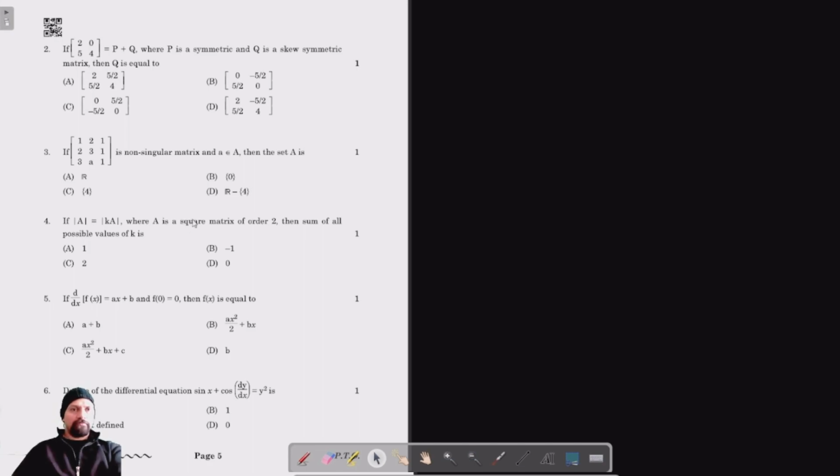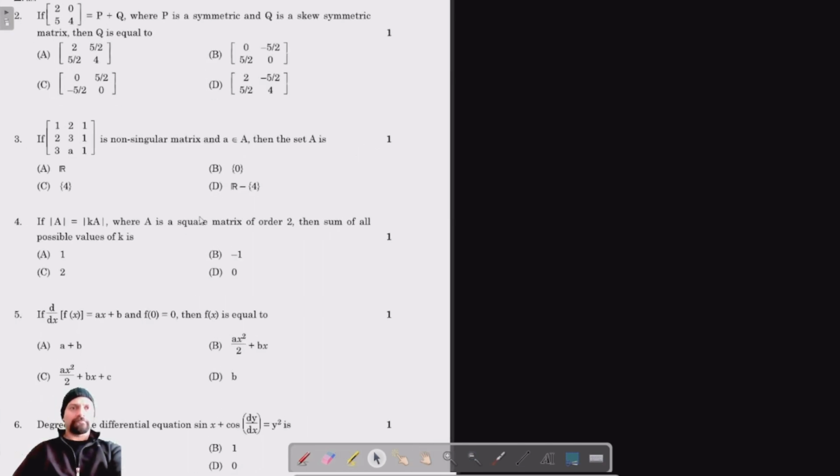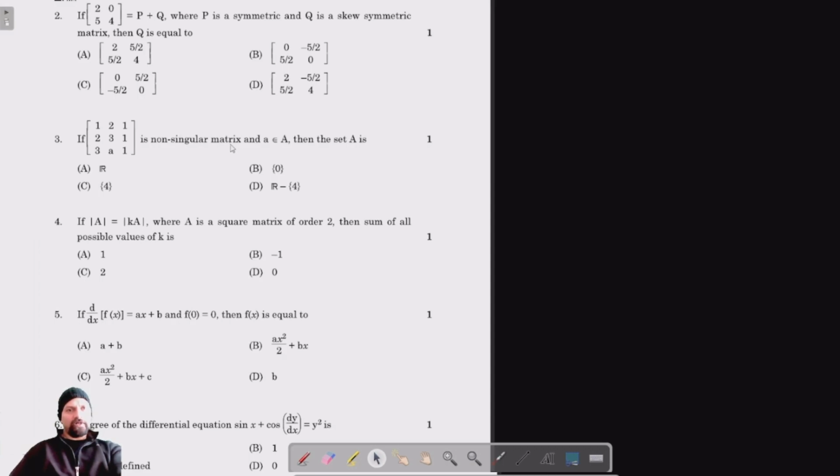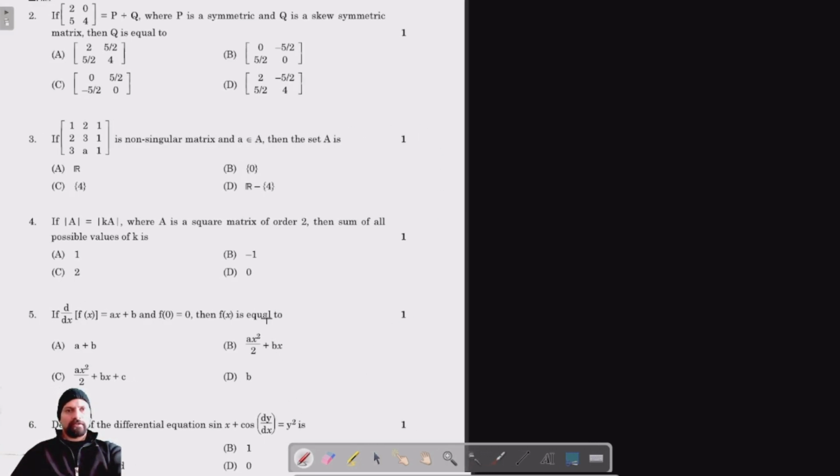Okay, for question number 3, it's given that the matrix is a non-singular matrix. A non-singular matrix is a matrix whose determinant is not equal to 0.